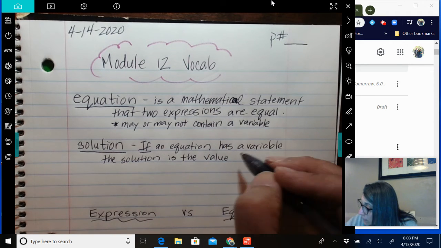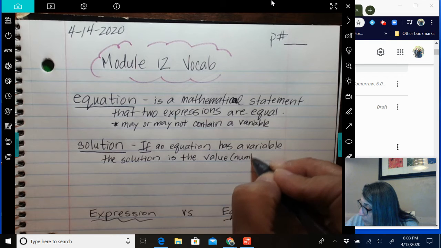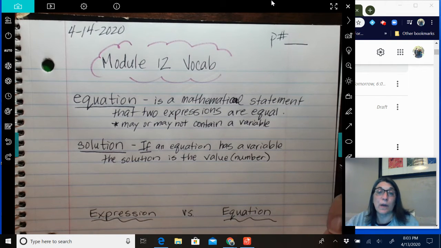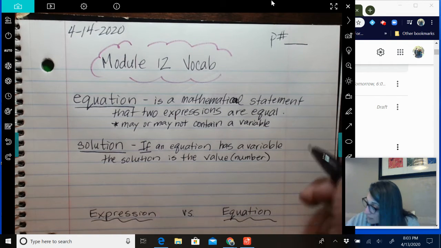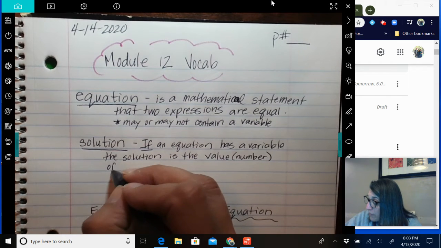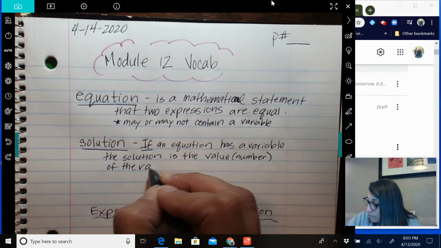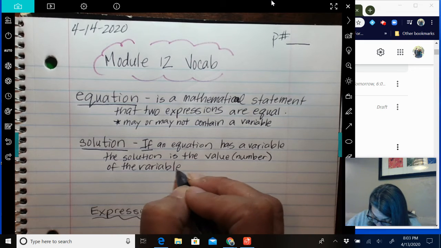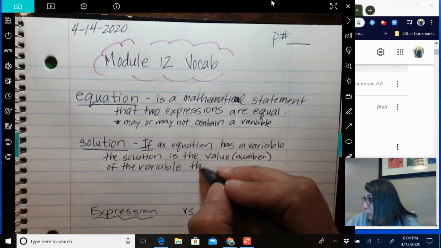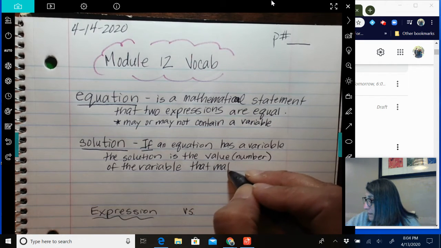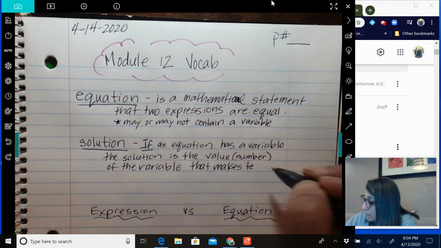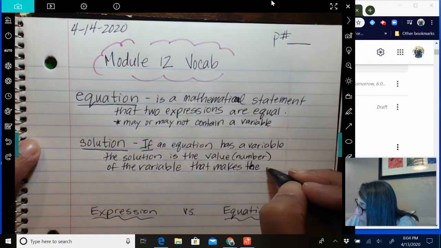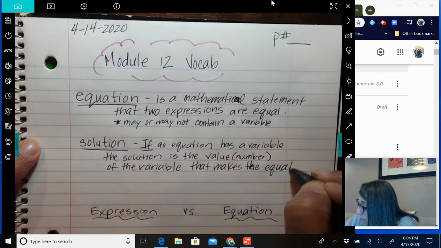If you want to put number in parentheses to help you, but we're fancy now, we use the word value for number. The solution is the value of the variable that makes the equation true.